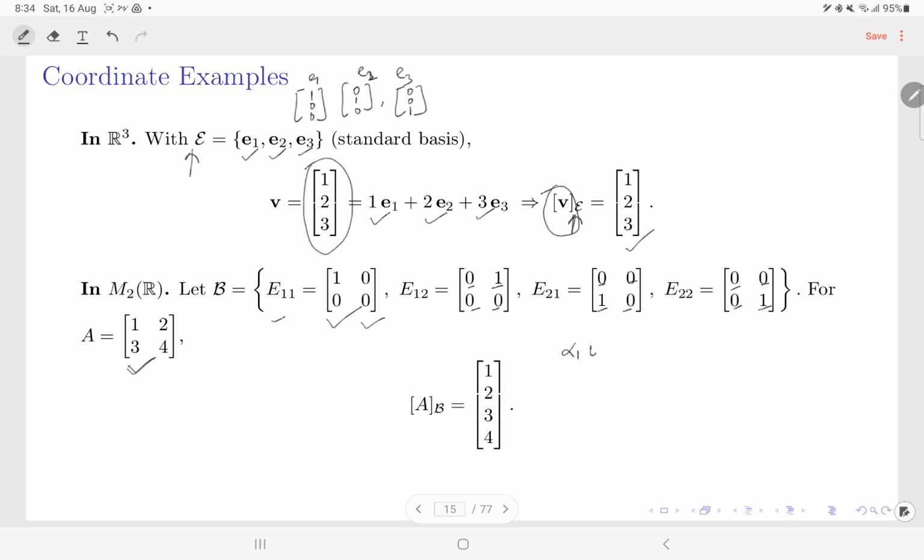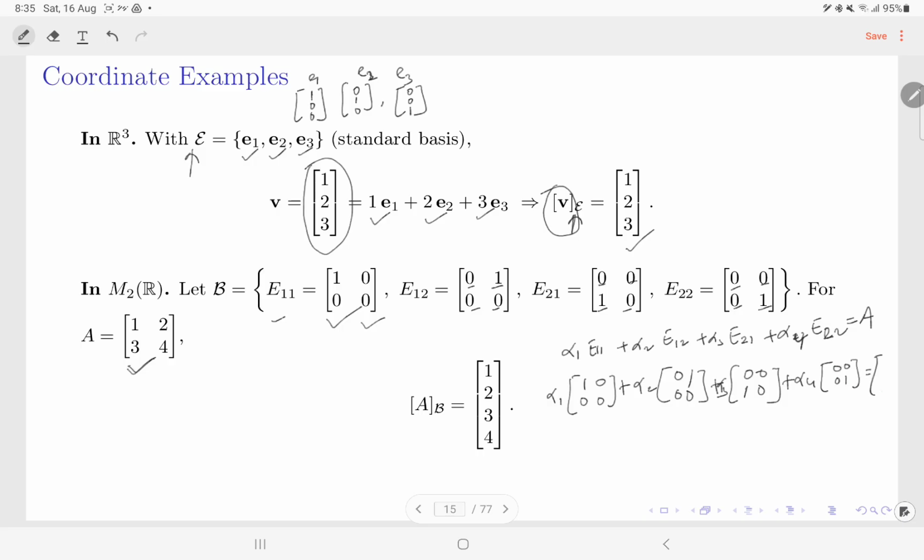So alpha 1 E1 1 plus alpha 2 E1 2 plus alpha 3 E2 1 plus alpha 4 E2 2, and this will be your A. So alpha 1 times 1 0 0 0, plus alpha 2 times 0 1 0 0, plus alpha 3 times 0 0 1 0, plus alpha 4 times 0 0 0 1, equal to 1 2 3 4.